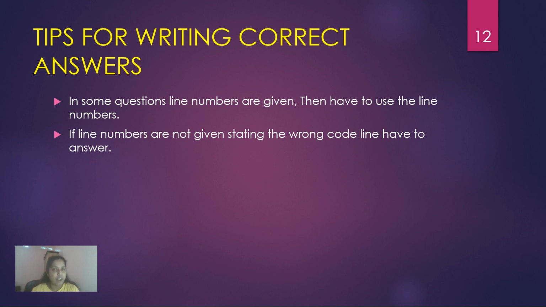If line numbers are not given, state the wrong code line in your answer, right? I hope you understand that in some questions, line numbers are given, then you have to use the line numbers. In some questions, line numbers are not given. If line numbers are not given, then you have to use that code line and explain the error.